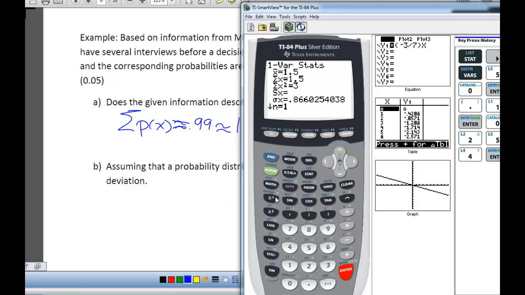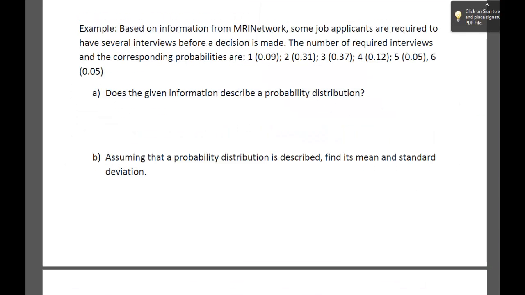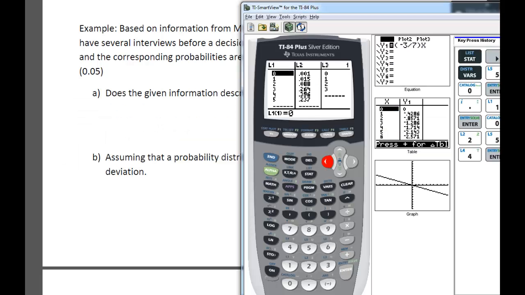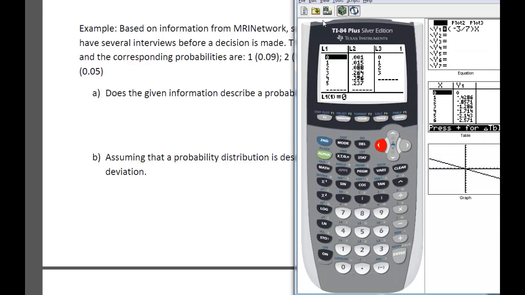On the calculator, I'm going to go to Stat, Edit, and I'll just start back over here at 1. So we had values from 1 to 6.